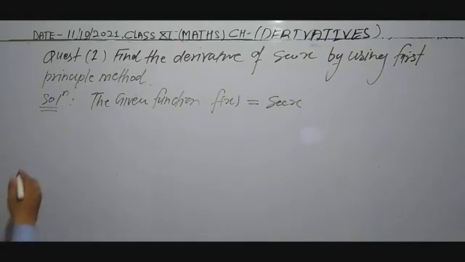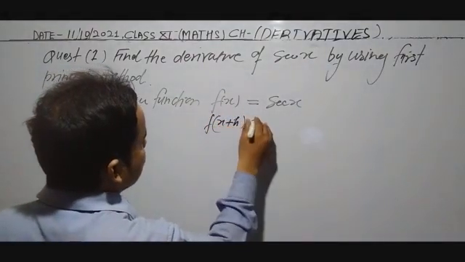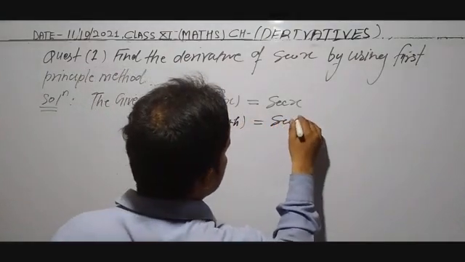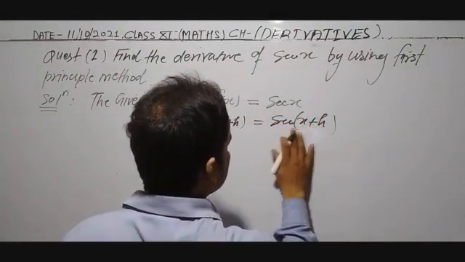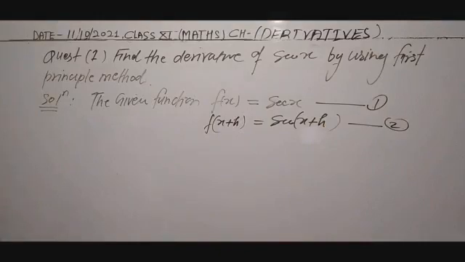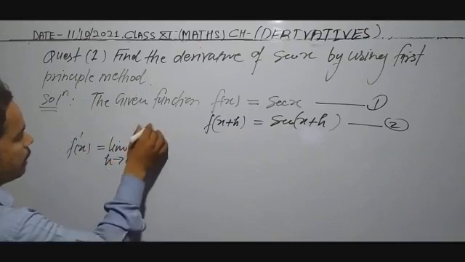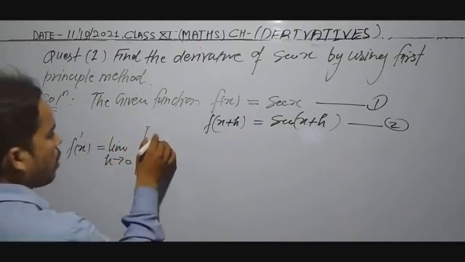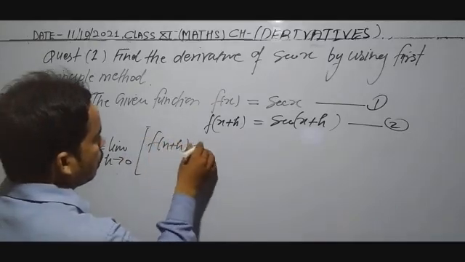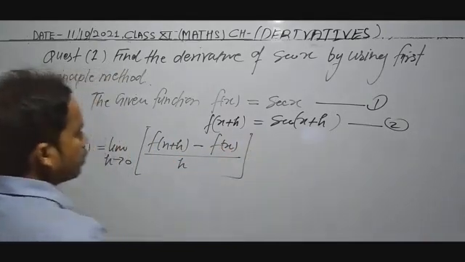Now according to this function we can write f of x plus h, result is sec of x plus h. Consider equation 1 and equation 2. Now f dash x we can write limit h tends to 0, f of x plus h minus f x whole upon h.